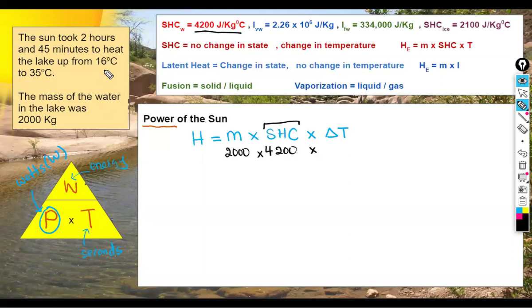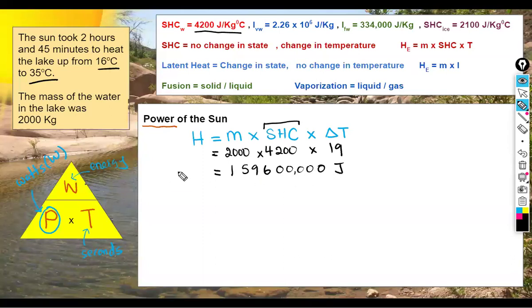The change in temperature went from 16 to 35. 35 minus 16 is 19. So 2,000 by 4,200 by 19, and I'm getting a huge number: 1596 with 5 zeros.